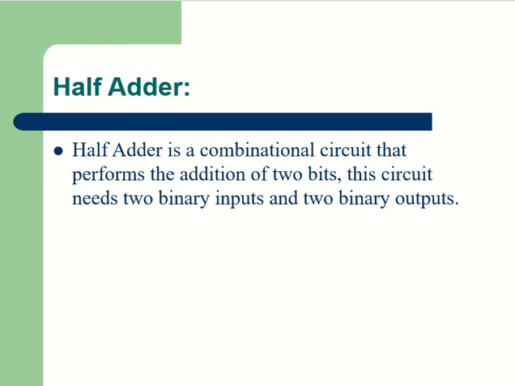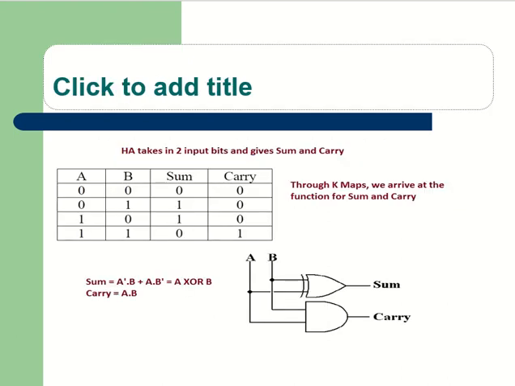As I said, the half adder is a combinational circuit that performs the addition of two bits. This circuit needs two binary inputs and two binary outputs. We know that in digital electronics, or in the binary number system, the two digits used for any operation are 0 and 1, that is bit 0 and bit 1.